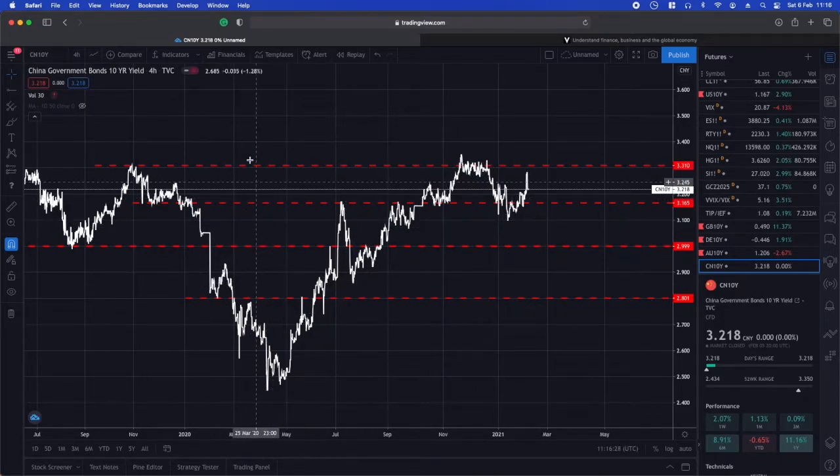Again, these are just levels where I could see the price had sort of bounced or gone up. So don't pay any attention. It's just wiggly lines on a chart to me.